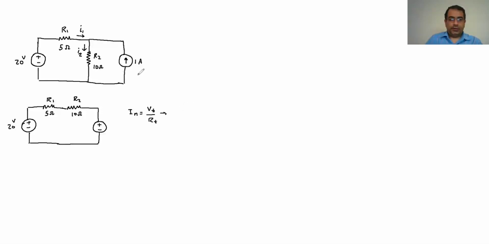Look at here, the IN is 1 amp, sorry. The VT is the one we want to find out. And the RT is this. It's going to be that 10. So the VT is going to be 10 volt. So it's going to be 10 volt here.